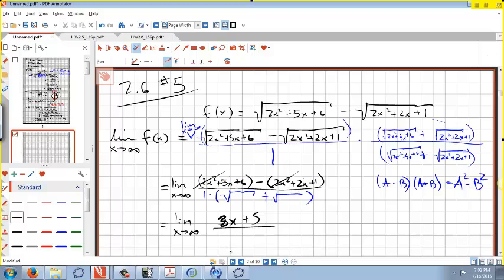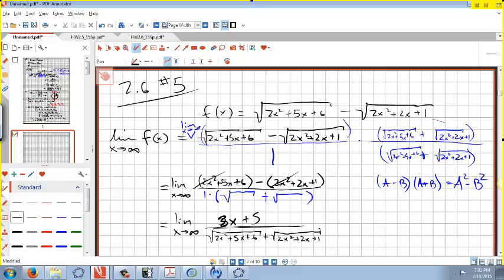Okay, this becomes, and now I have to write it all. This is going to be square root of 2x squared plus 5x plus 6, and Patrick, being on the ball, recognized I needed a plus sign there, 2x squared plus 2x plus 1.